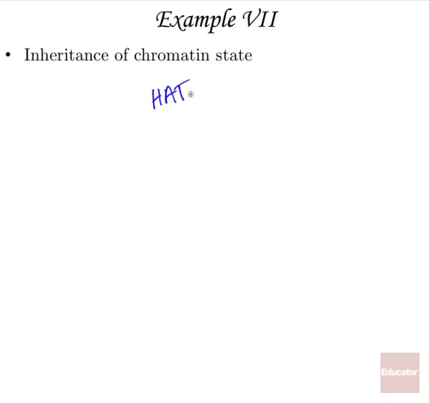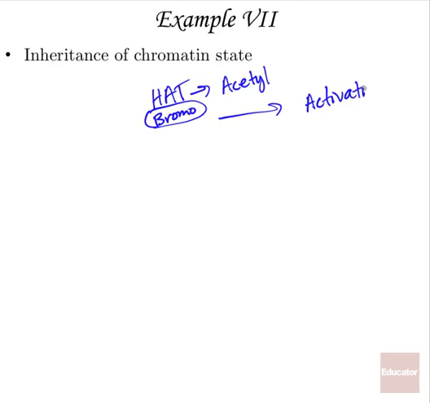So we'll just write this real quick. Histone acetyltransferase binds acetyl groups via its bromodomain, leading to a looser state, which is more likely going to be a transcriptional activation.